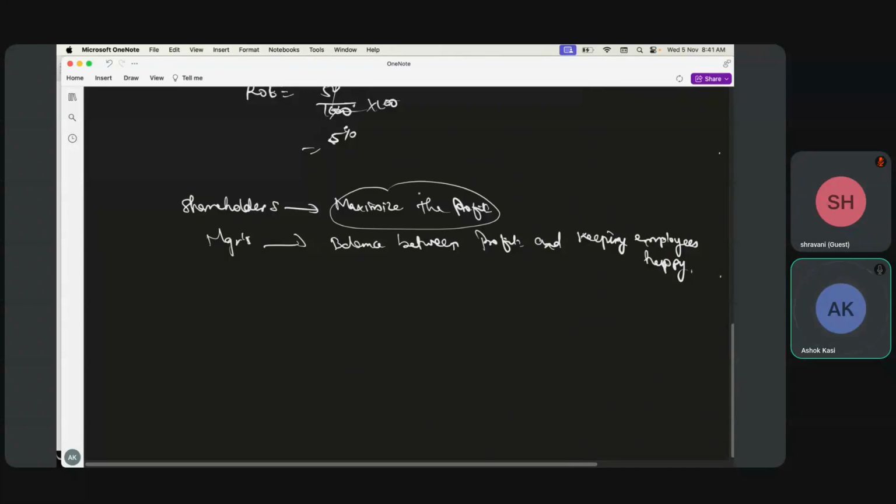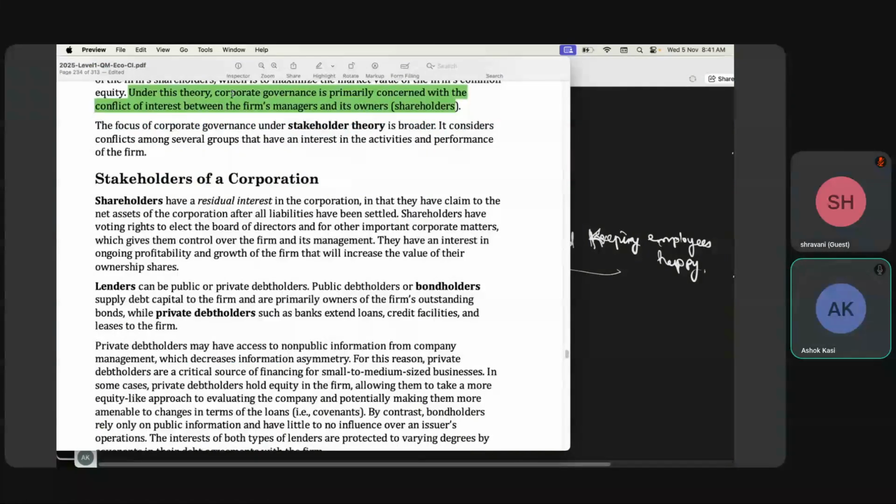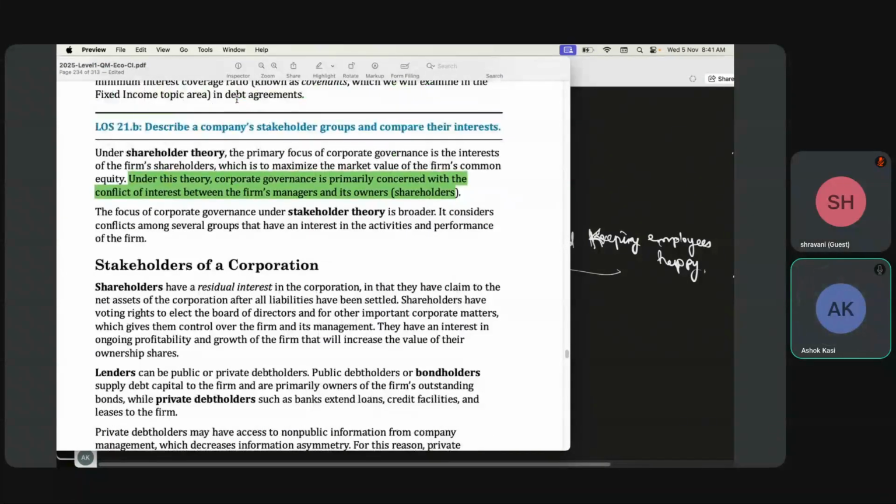Shareholders want only maximum profit, so they will say make people work long hours. But from the managers' point of view, they have to make sure that employees are also happy, because then only will productivity go up in the long run. So that is the conflict, and that is called shareholders theory.